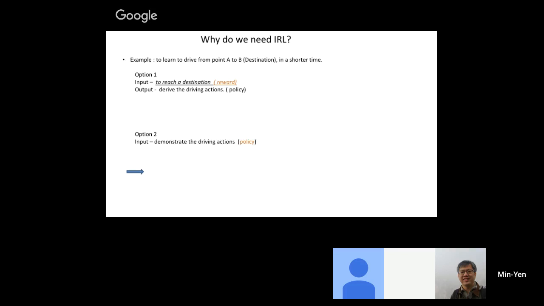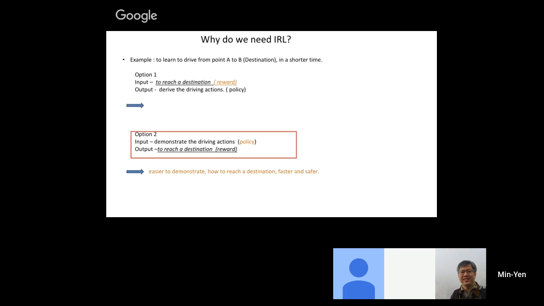For option 2, we can have an expert to demonstrate the driving actions. And from there, we will reach an outcome or conclusion. That is the destination to reach. So in a way, option 2 would be better. Why is that so?